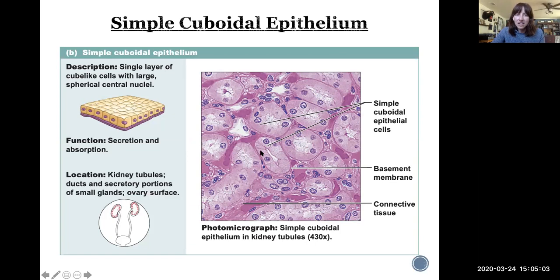So it's not as thin as the squamous, right? You can see that they are more cube-shaped or round even, but you can still also see that you've got a single layer of nuclei, right? You don't have a nucleus here, a nucleus here. There isn't another one squeezed in there.